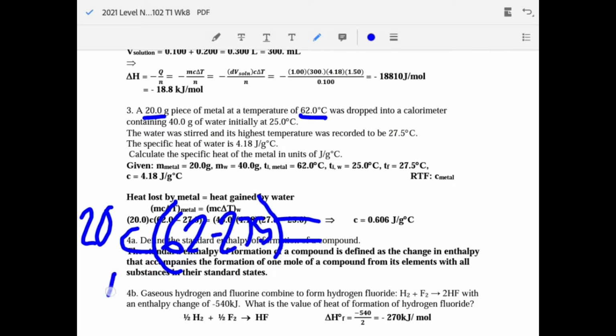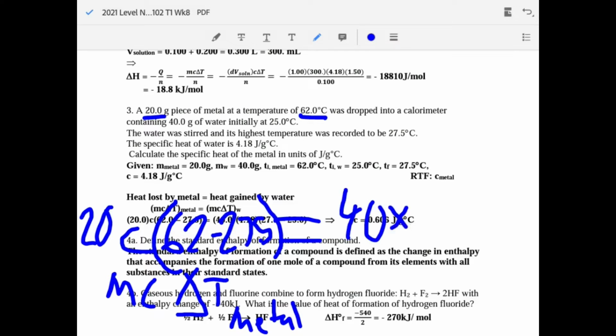So mc delta T of metal is equal to the Q gained by water. So again, mc delta T, 40, mc 4.18, and delta T, which is 27.5.